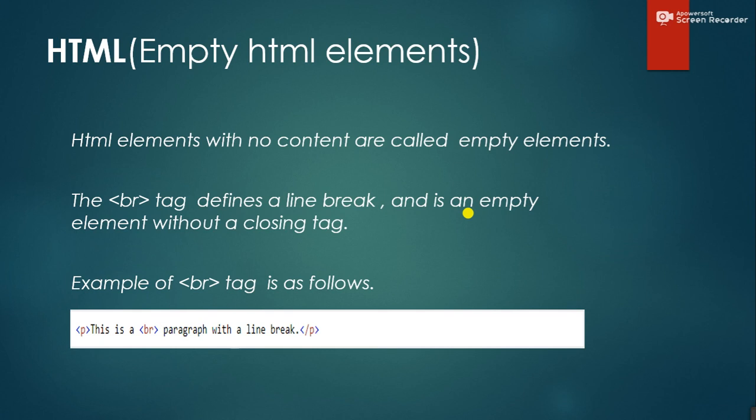We can see at the bottom of this slide p starting and p ending, and the content of p is: this is a paragraph with the line break. Inside this we have the br tag. The br tag has only a start tag, no content, no end tag. The br tag defines the line break. The purpose of this tag is to break the line, and it is an empty element without a closing tag.